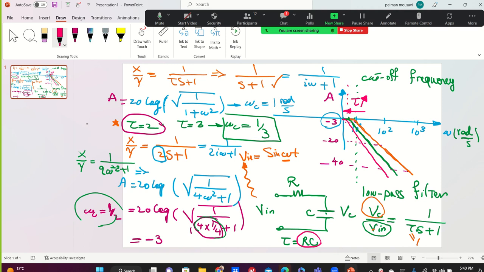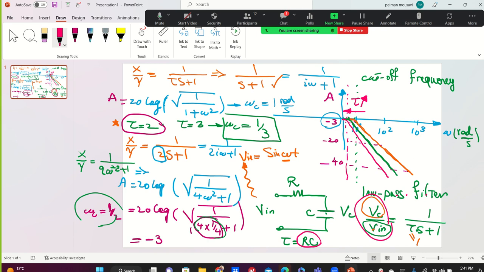You are filtering out lots of the frequencies, and you have a very, very low pass filter. This means low passing frequency filter. Only low frequencies have the same value for this. Everybody understand? Yes?